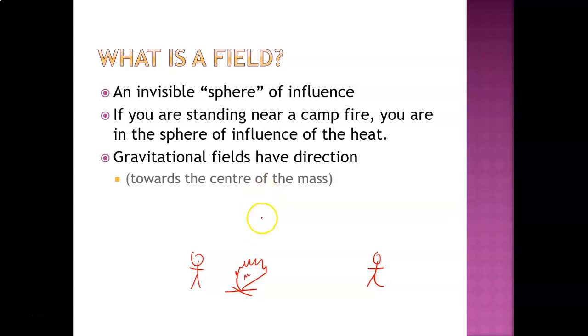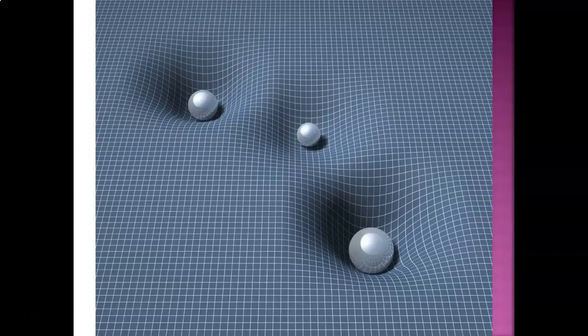This person who is over here also is under the influence of that heat, but is somewhere in between, has less. Gravitational fields kind of work the same way, right? Except it is an attractive pulling force rather than a thermal energy transfer. Well, I guess it's really heating transfer from a thermal store.